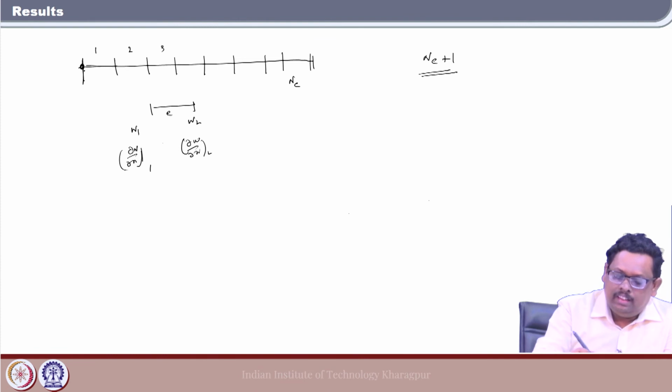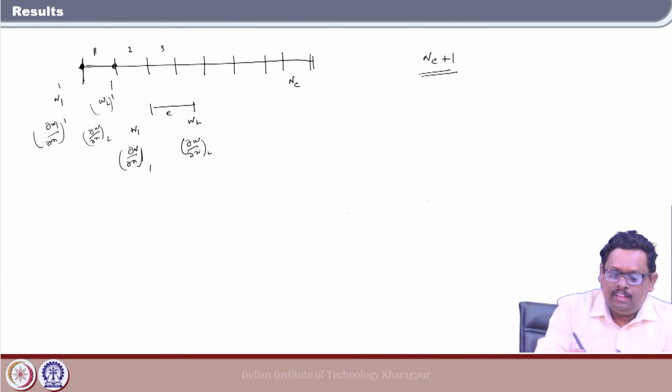So, here now what I need to do is, for element 1, here I have w 1 and then del w 1 by del x for element 1, and here also I have w 2 and del w by del x 2 for element 1, right.